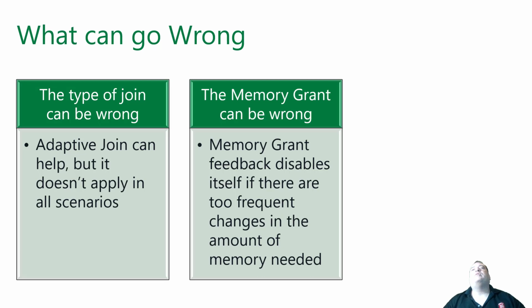But if we get very intense parameter sniffing problems, this will not solve the problem. For example, imagine that one execution needs a huge amount of memory, the next one a small amount, the next one a huge amount, the next one a small amount. This is what I'm calling an intense parameter sniffing problem.